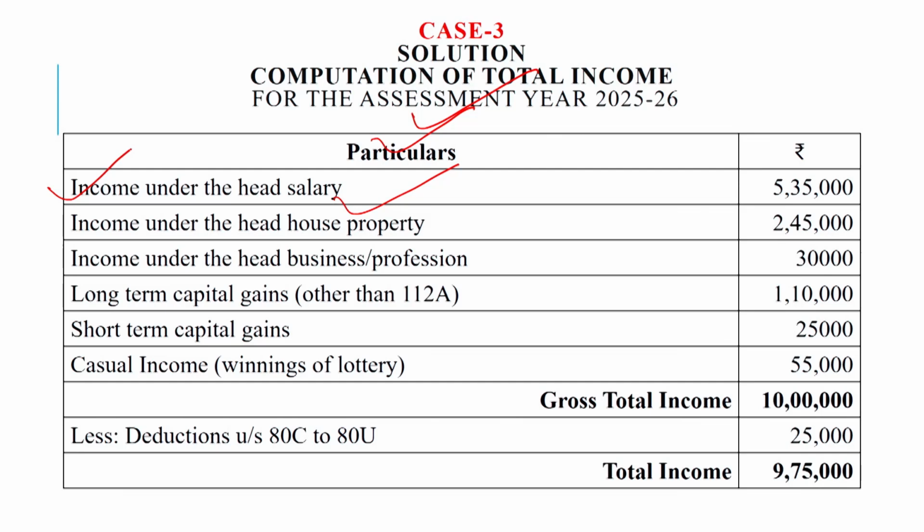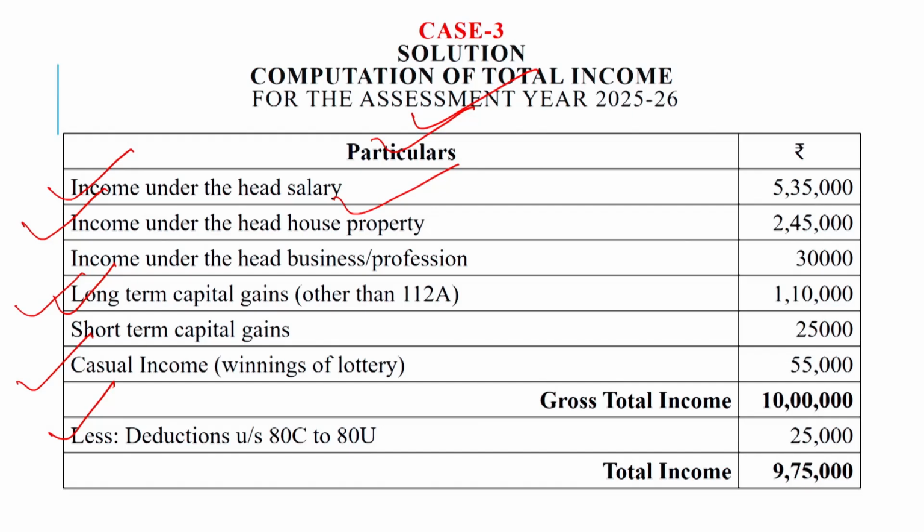Income under the head of salary 5,35,000, income under the head of house property 2,45,000, income under the head business and profession 30,000, long term capital gain under section 112A 1,10,000, short term capital gain rupees 25,000, casual income, winning from lottery, 55,000. So dear students, these are included together.